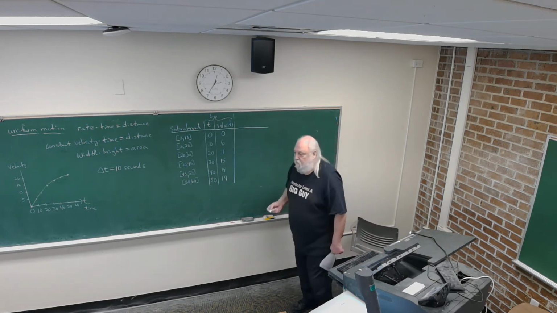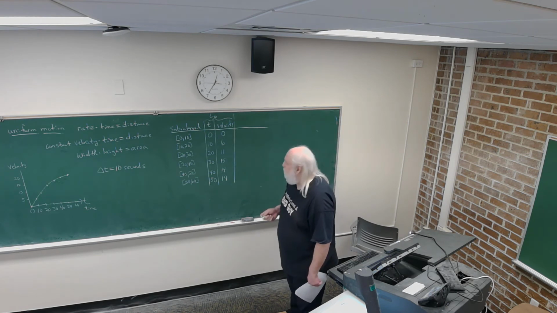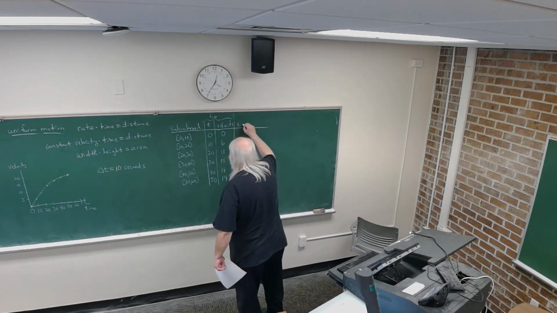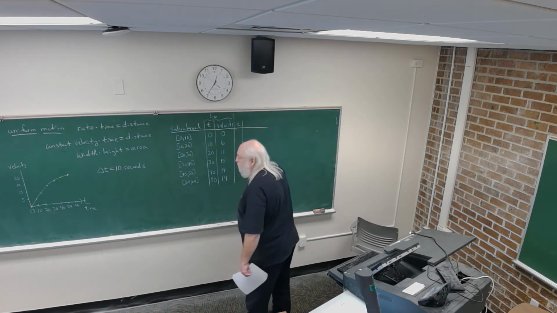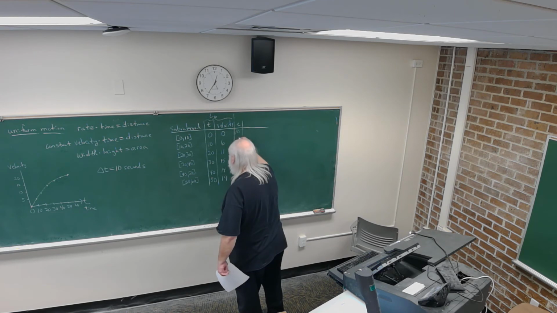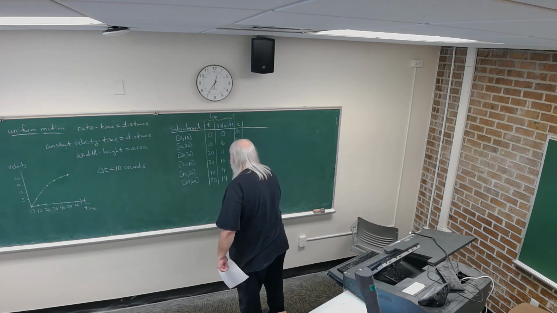Now in the same table, I'm going to include the right endpoint numbers. So using the right endpoint of each interval, t is equal to 10, 20, 30, 40, 50, 60.